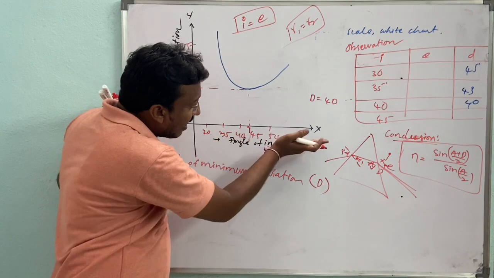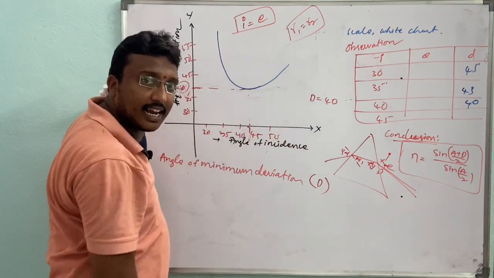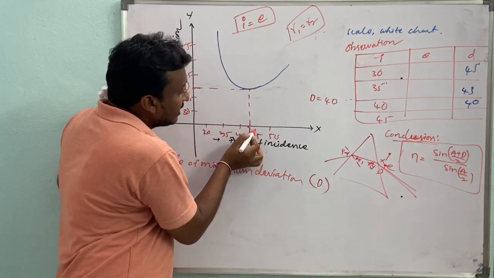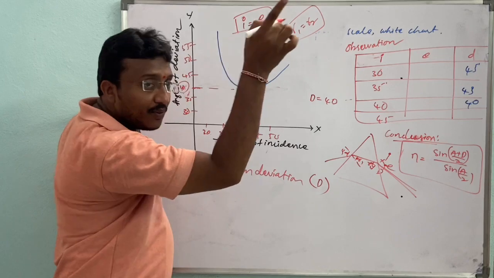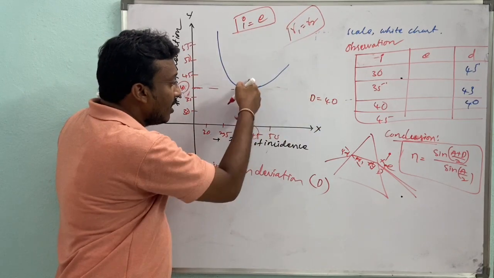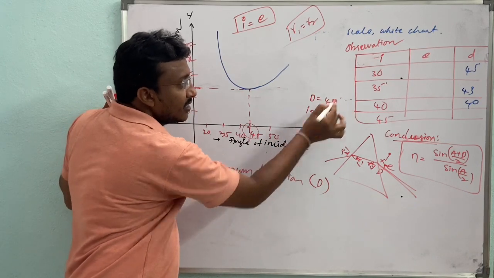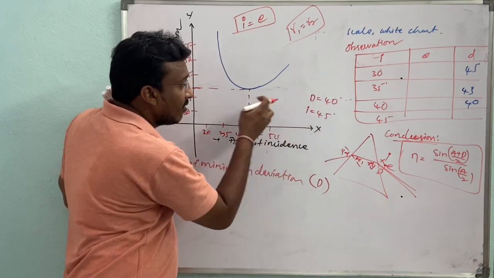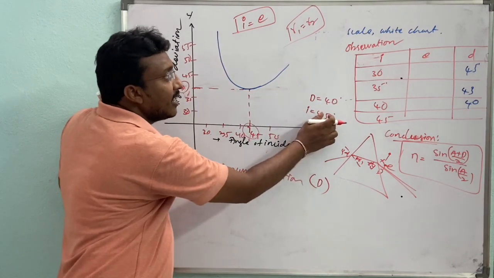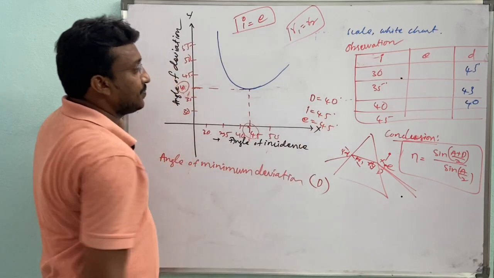He hasn't given any information about the angle of emergent in the graph, but we have to know that angle of incident equals angle of emergent when the angle of deviation is minimum. When angle of incident equals 45 degrees, the minimum angle of deviation is formed. So that's why here angle of emergent is also equal to 45 degrees.